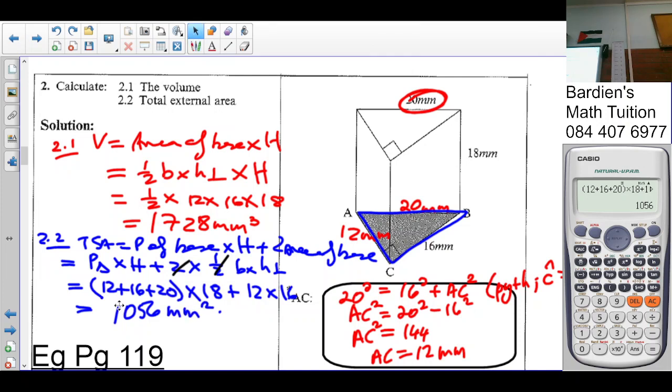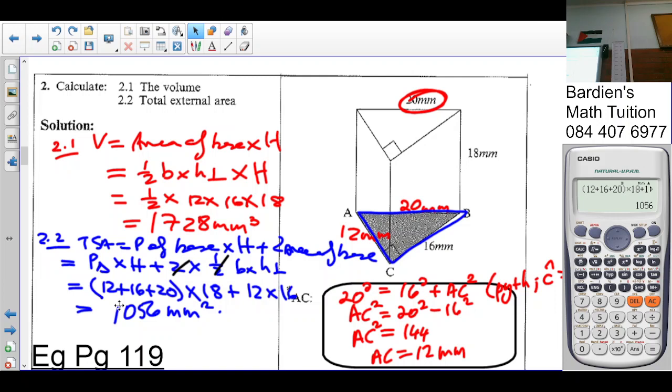Yes. Sorry? This 12 here? Why did you forget to put it in?